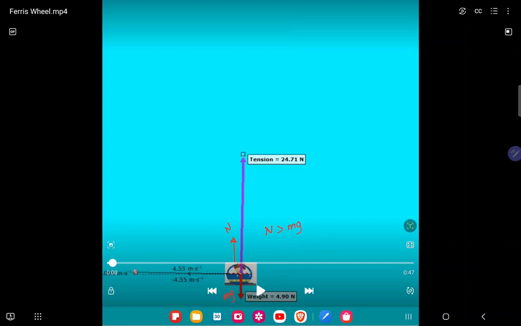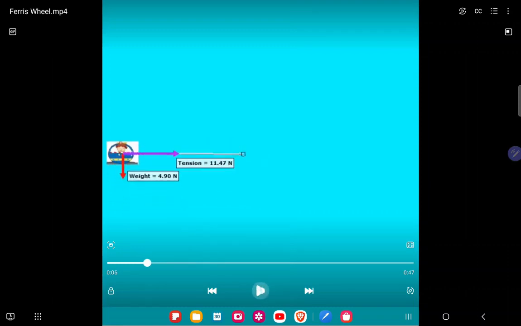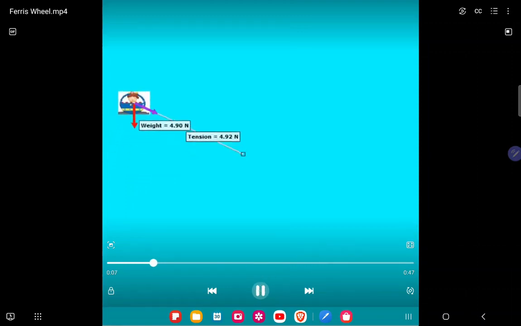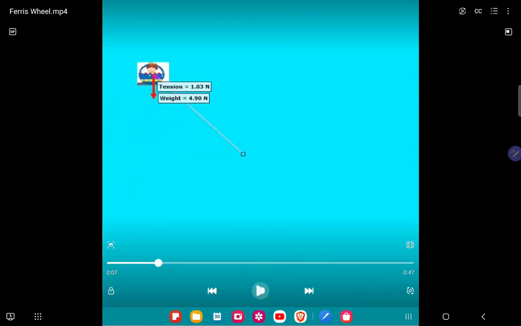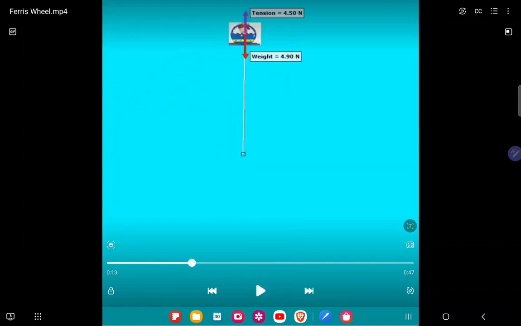Now, if we go further in this Ferris wheel experiment, let's see what's going to happen. We're not interested in the tension. We're actually interested in the normal force, still decreasing at the top of the circular path. As you can see, the situation is a little bit different from the loop-the-loop experiment, the example we just mentioned a few minutes ago, as the head of the child is going up, it's not going down.